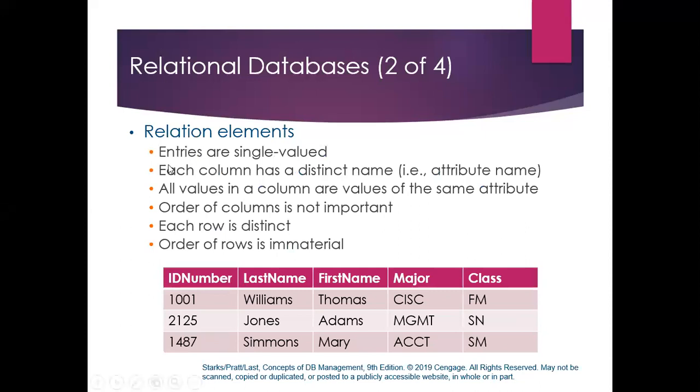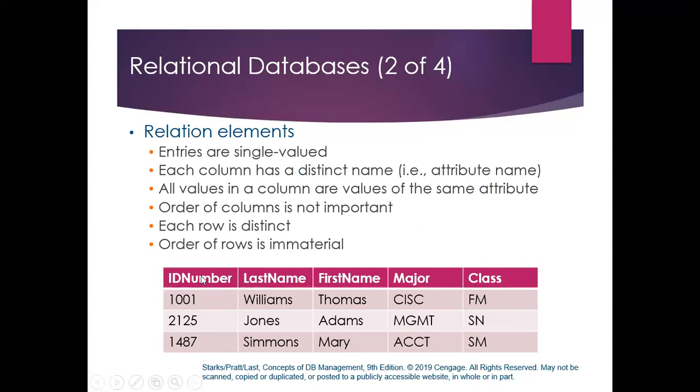So if we were to look at this table here, which say represents the students table, or a table which contains information about students, each of these fields has a distinct name. There's the ID number field, the last name field, the first name field, the major field, and of course the class field.